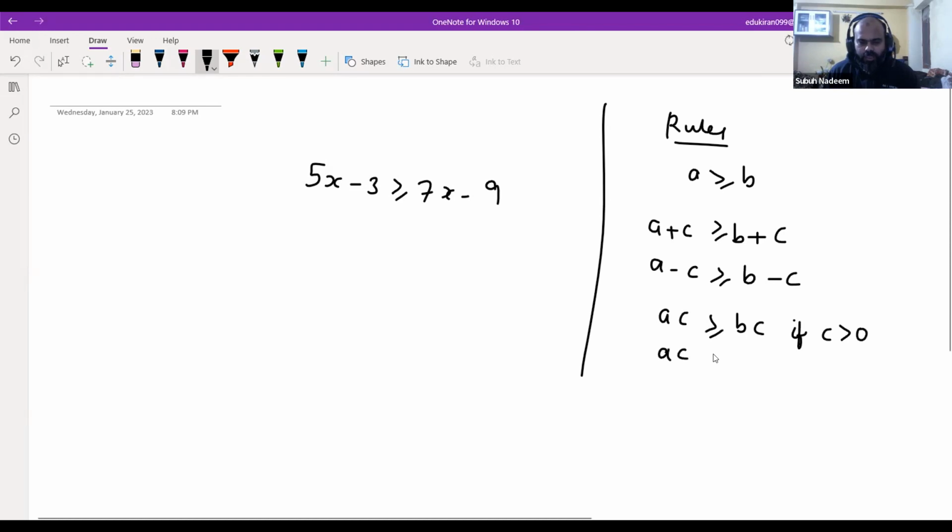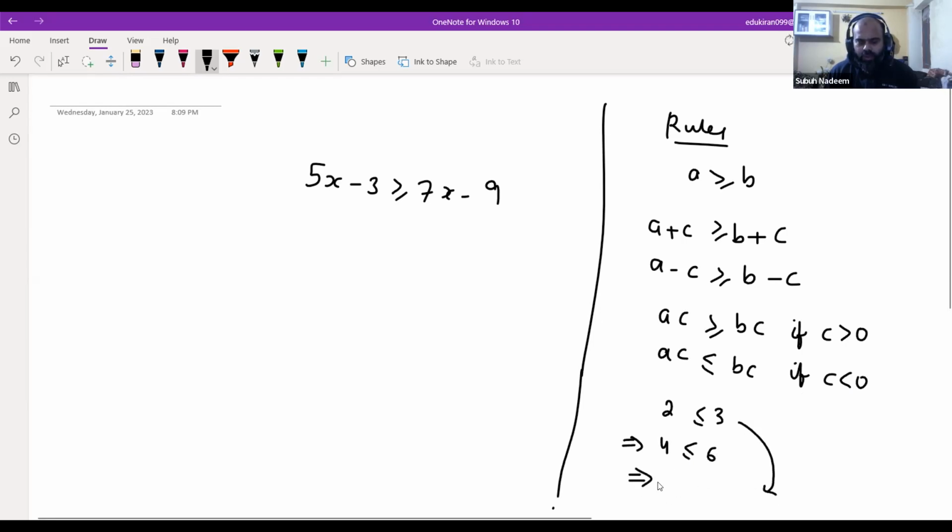If the constant is negative, the inequality reverses. That is, greater than equal to will become smaller than equal to. For example, 2 is less than equal to 3. If you multiply by 2, this will become 4 less than equal to 6. But if you multiply by -2, then -4 will be greater than equal to -6.